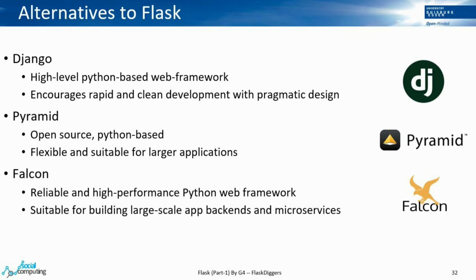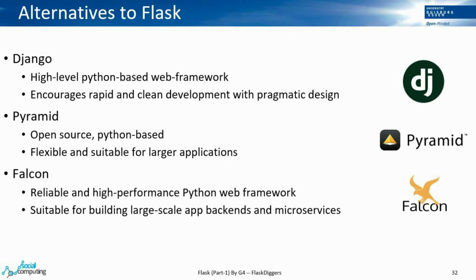If you are really interested to learn or work with other technologies which are similar to Flask, here you have some good alternative frameworks, such as Django, Pyramid, and Falcon. Django is a high-level Python-based framework, which encourages rapid and clean development with a pragmatic design. We will talk more about it and compare it with Flask in the next slides.